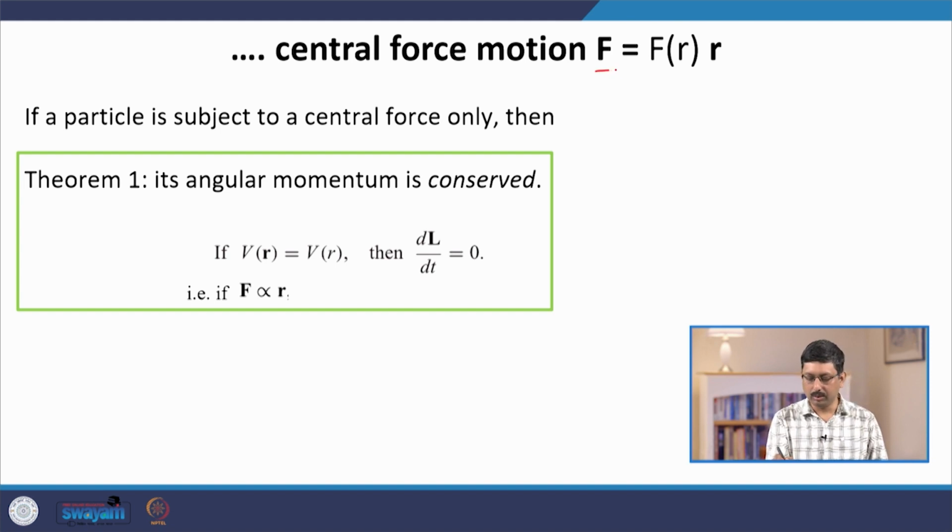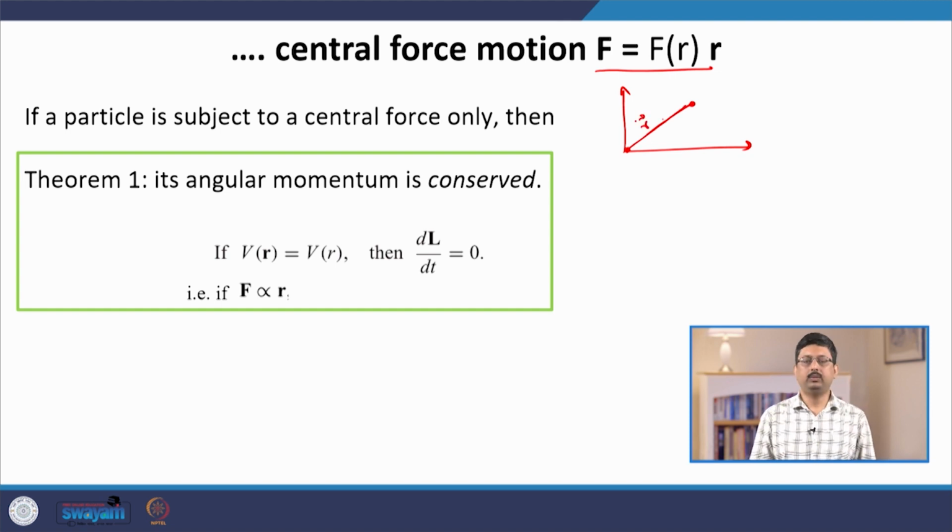Let us say some particle is moving around the origin, and there is a force acting on this particle which is always along its position vector. So, the direction of the central force is along the position vector. This is the definition of a central force, that is why it is called central.